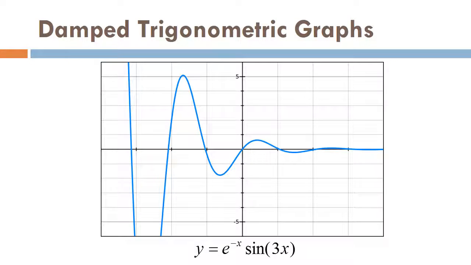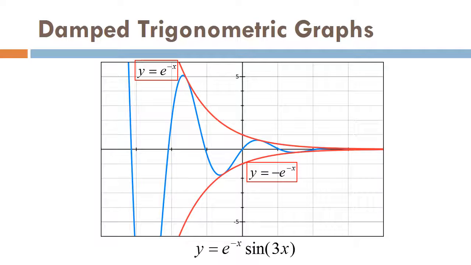It's very cool. This is an example of y equals e to the -x times the sine of 3x. These two lines represent e to the -x and -e to the -x. So you can see how, again, the sine of 3x has changed its shape in order to fit in between those two curves.